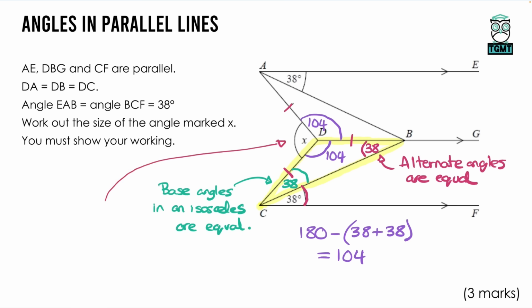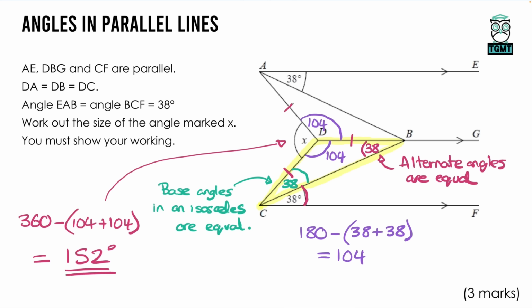So to find our final angle here, we would do 360, subtract the two 104s, so 104 plus 104, and there we go, we can type that in, 360, take away 104 plus 104, and that gives us 152 degrees as our final answer.